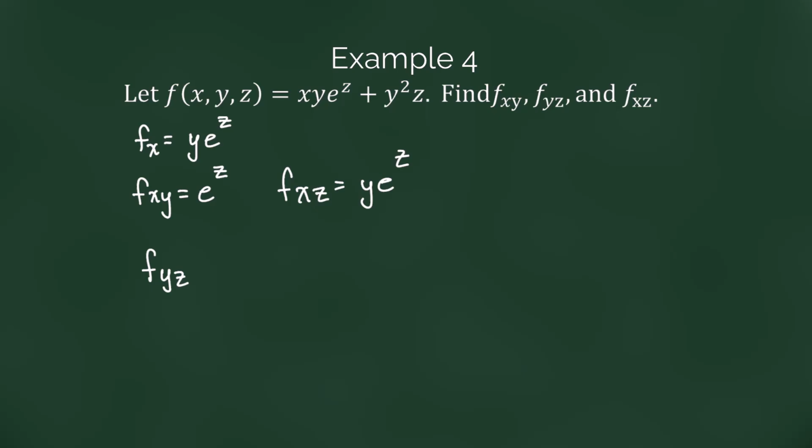So f sub yz, first I have to do f sub y, and that is going to be x e to the z, because those are constant multiples of y when we differentiate with respect to y, plus 2zy. Now I'm going to take the derivative of that with respect to z. So in the first term, it's exponential with respect to z, so we're going to get x e to the z. And then the second term, the 2y acts as a constant multiple of z, so we get plus 2y.